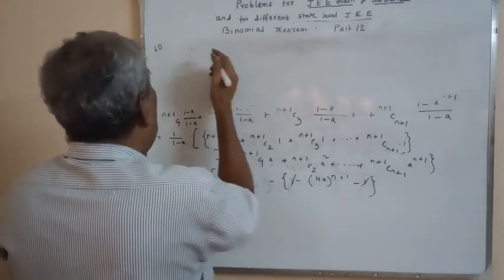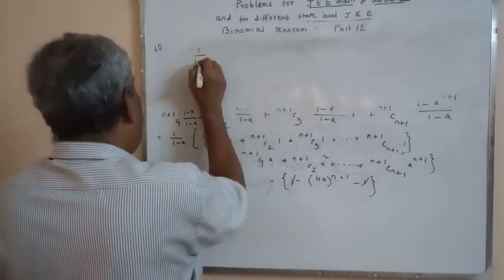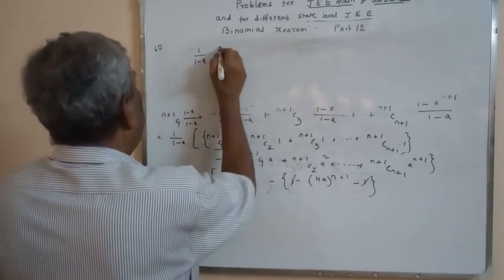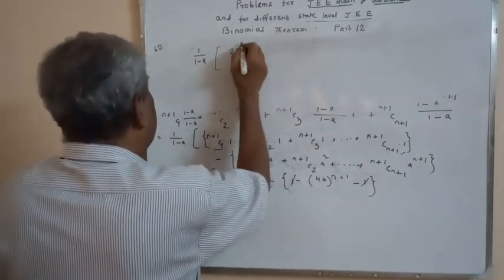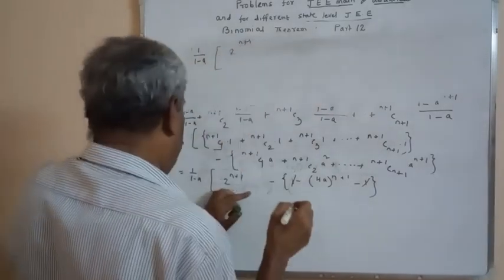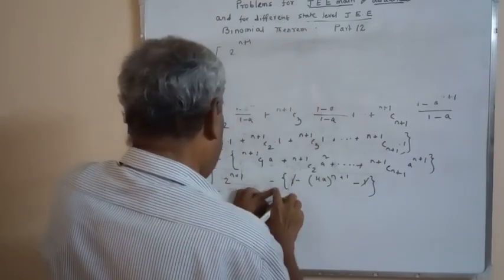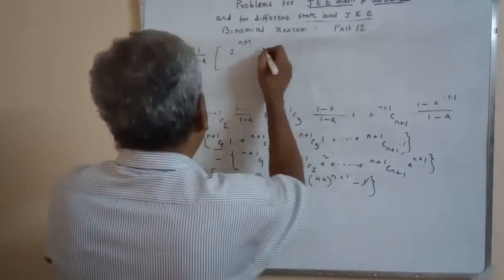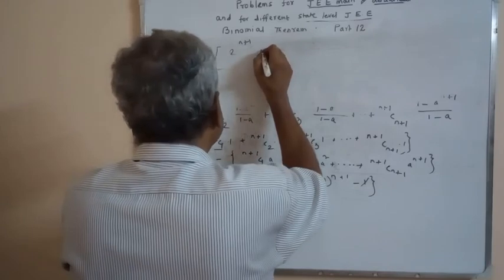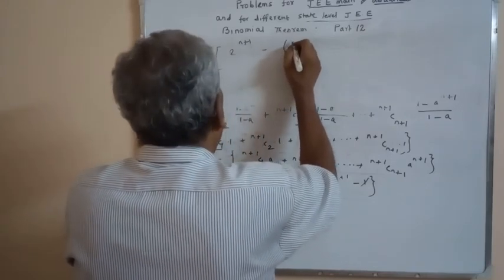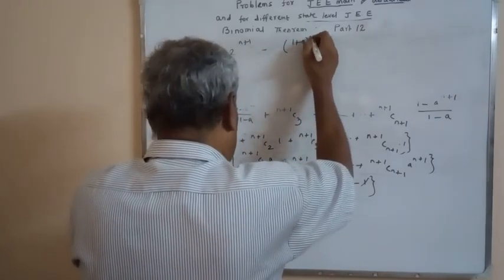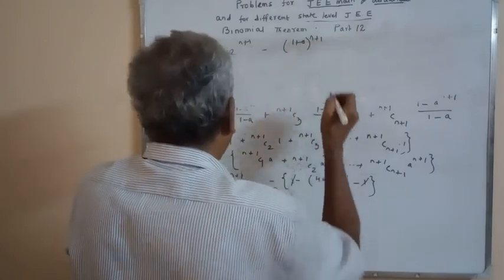So it is 1 upon 1 minus a into 2 to the power n plus 1 minus 1 plus a to the power n plus 1.